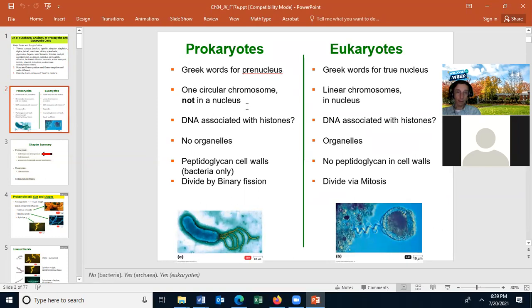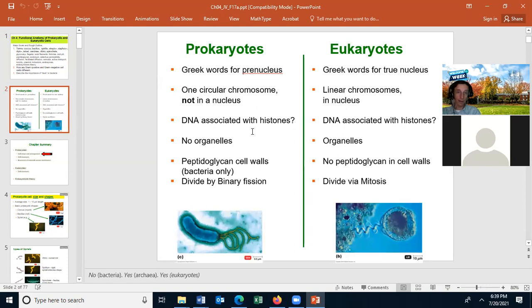It's not in a nucleus. When we mean circular, it means where we begin is where we end up on a circle. Eukaryotes have a linear chromosome, so if we look at the X chromosome, it begins in one place and ends in another place. The linear chromosomes in eukaryotes are kept in the nucleus.